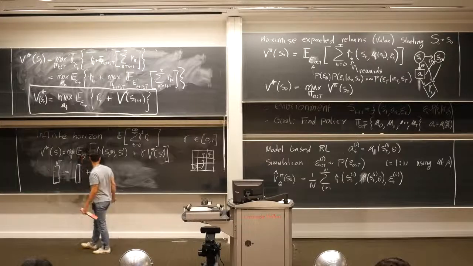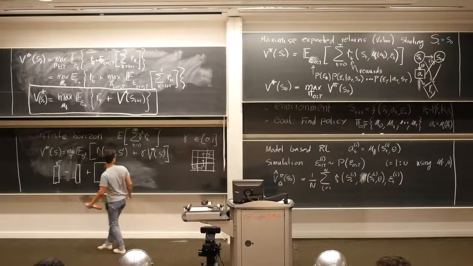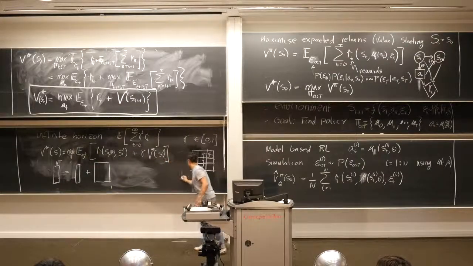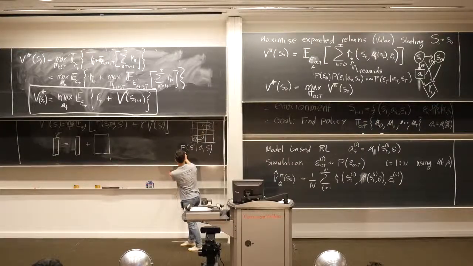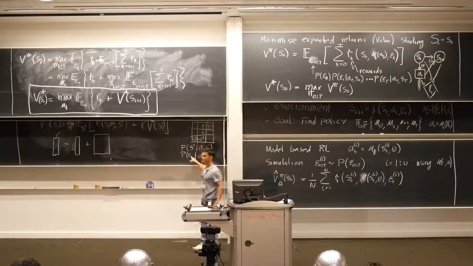And we're going to have this reward once you've taken the expectation. And then we have a transition matrix, because associated with S prime, so the idea is I'm rewriting this now as P of S prime given A and S, as opposed to rewriting it as P of epsilon given A and S. So in the discrete state spaces, it's more convenient to just write it as a transition table.